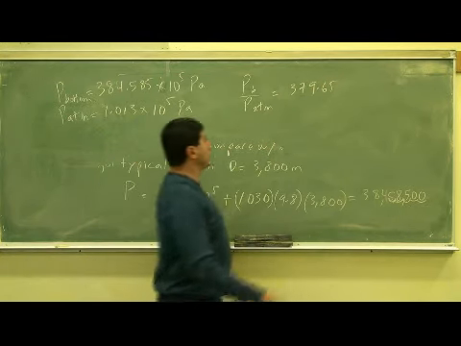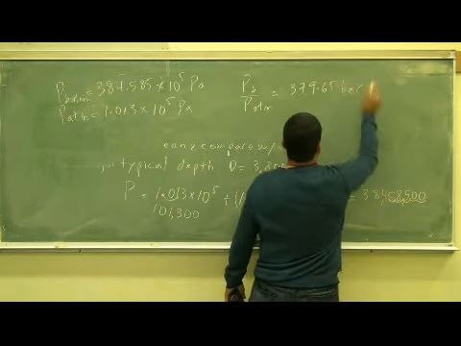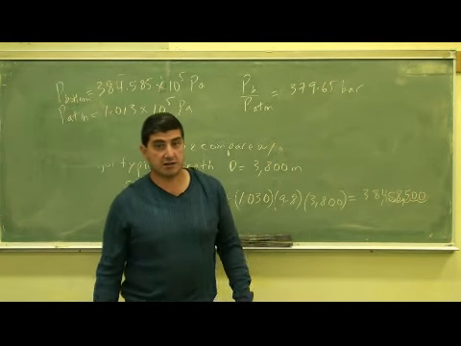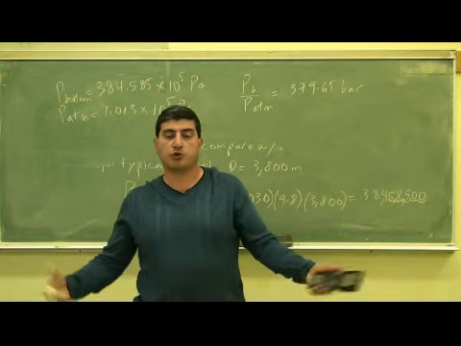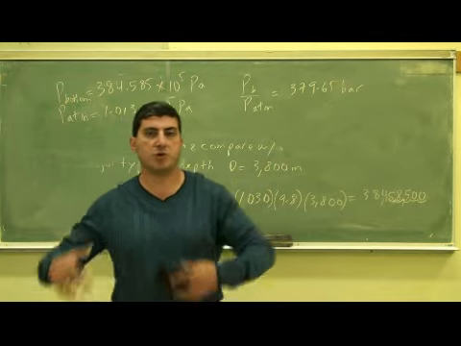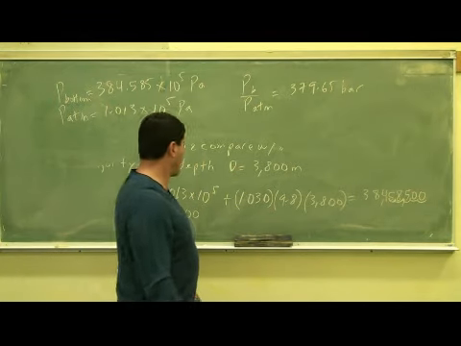So we would say 379 bar, or 379 atmospheres. That's a lot as you go down. Of course, no human can go down that deep. You have to be in a submarine to protect you from that pressure.